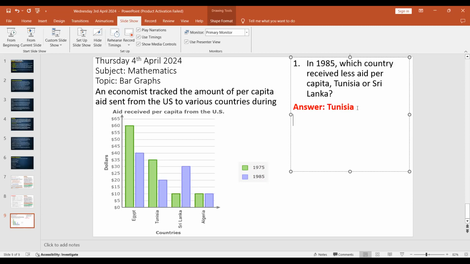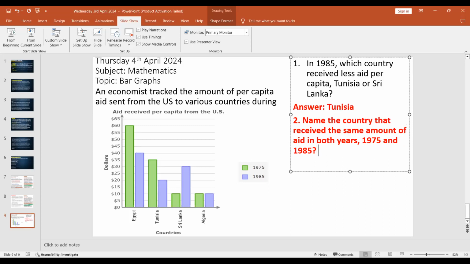Next question, number two. Name the country that received the same amount of aid in both years, 1975 and 1985.